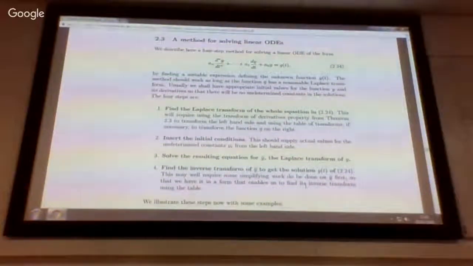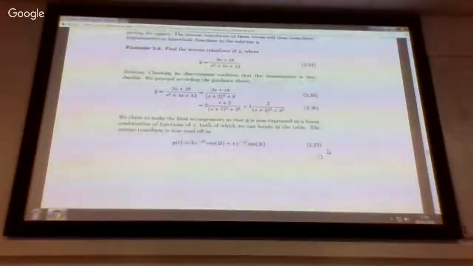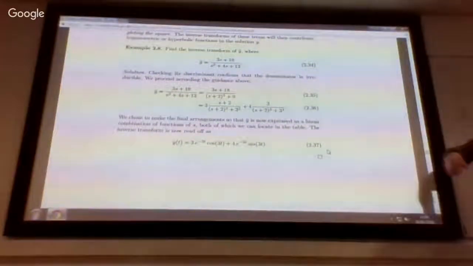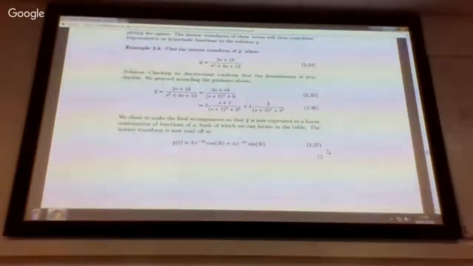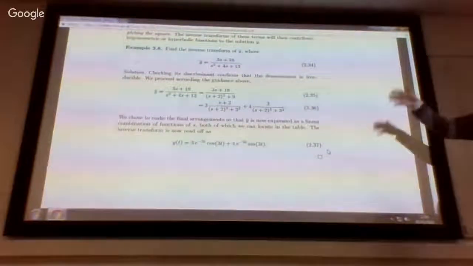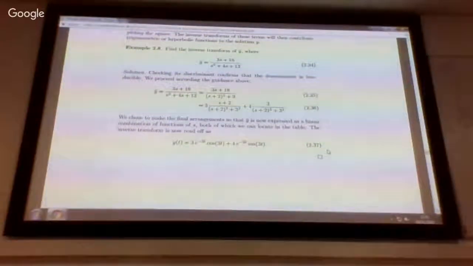Okay. So just one little thing to look at. If you missed the last couple of sessions, look at the last couple of lectures, or the last lecture last week, where we did examples of applying this method to solve differential equations. Example 2.8 illustrates a common technique that's needed at the end.